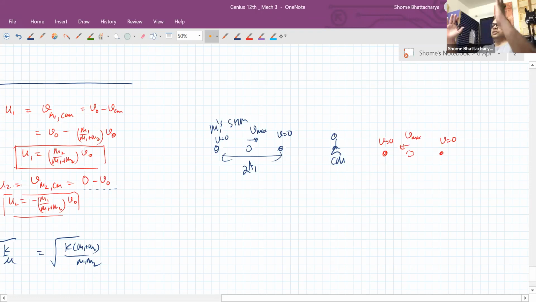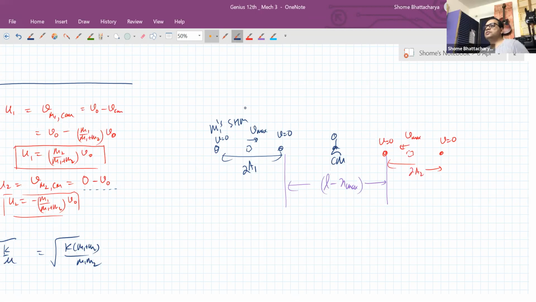Okay. So this is the position when the spring will have maximum compression. This will be L minus X max. When they are both at this extreme. So in fact, this is where they have started from.